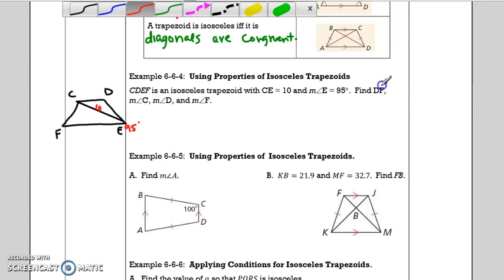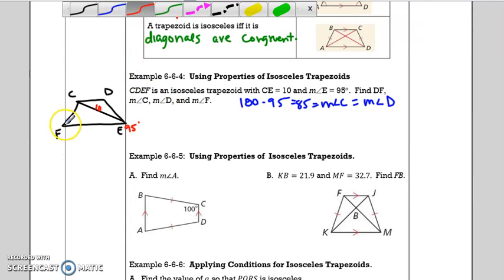So it wants us to find DF and the measure of angle C, which is actually going to be the same as D, and we know that those are going to be supplementary. So we could take 180 minus 95, and we know that's 85. So if this D is 85, then so is C. So 85 equals the measure of angle C, which also equals the measure of angle D.